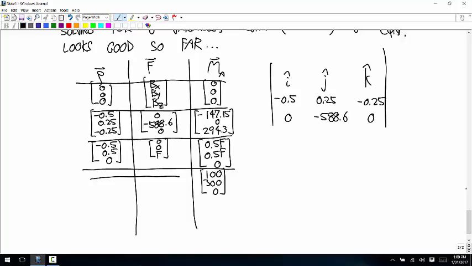That's 0.25 times 0 minus negative 588.6 times 0.25. And I don't know, does that come out to negative 147? It is negative 0.5x, positive 0.25y, negative 0.25z.